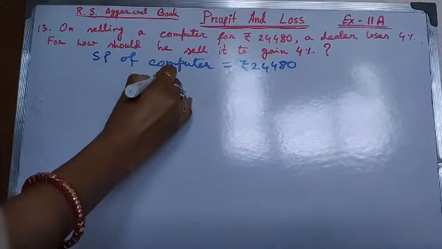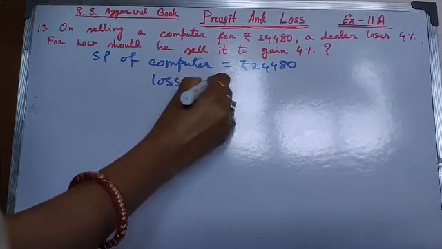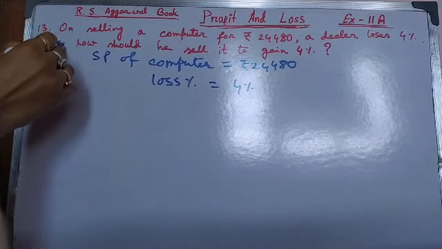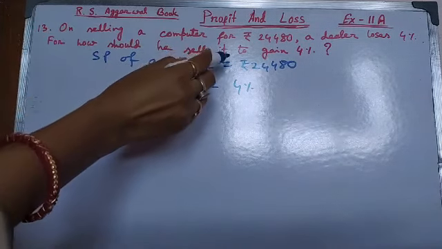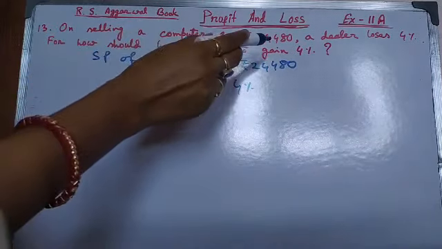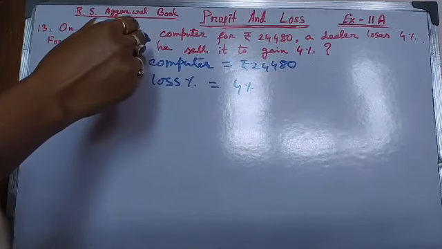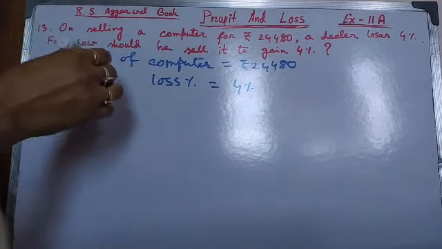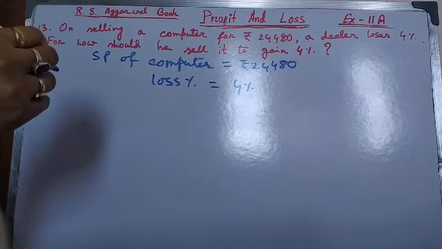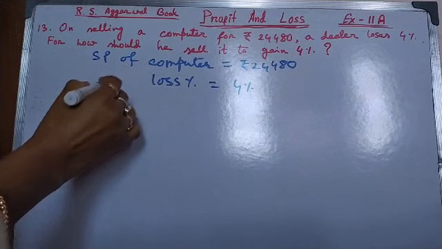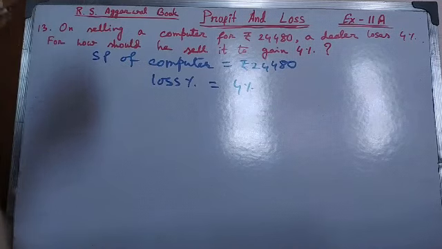Loss percent is also given, that is 4%, but CP is not given. In the last line it is asked for how much should he sell it to gain 4%. So before that selling price, we have to find out CP, because CP is not given here. CP is fixed, selling price depends on the market. So let's see the CP.